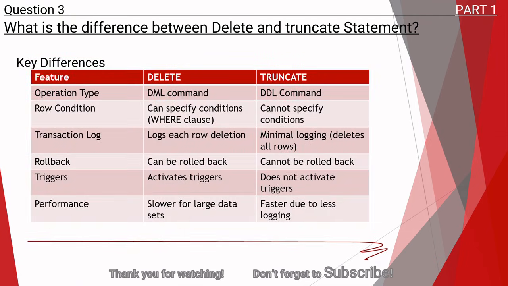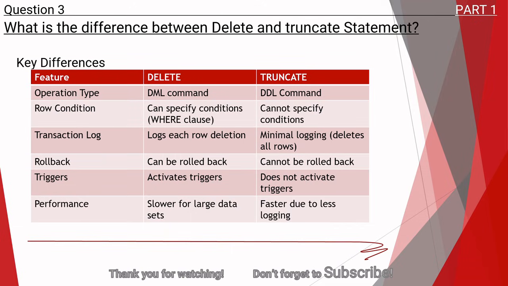Now, let us explore the key differences between delete and truncate. Delete is a DML command allowing for selective removal of records based on specific conditions using the where clause. In contrast, truncate is a DDL command that cannot apply conditions and removes all rows.